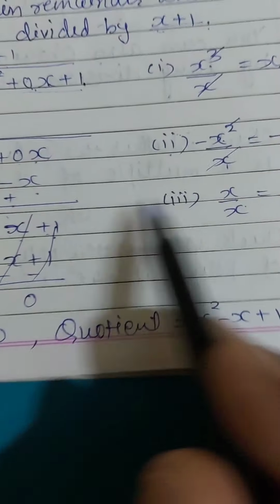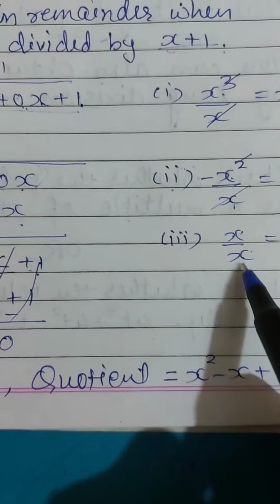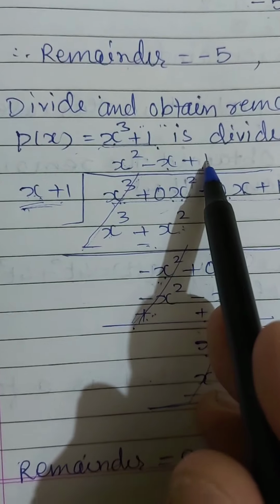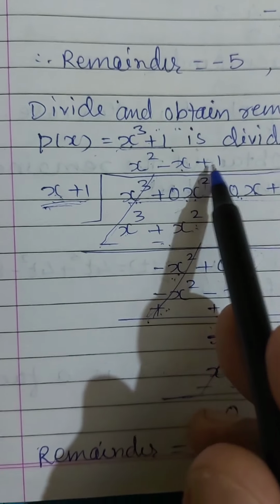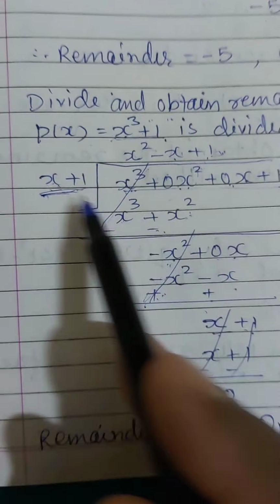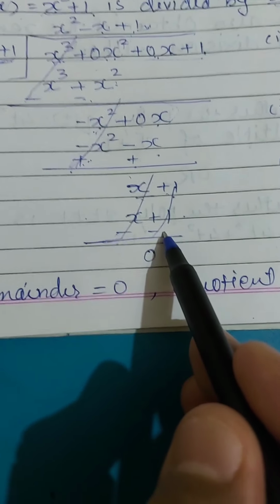Again, third step. First term x. Here also first term x. X and x when we are dividing, the answer is 1, that is plus 1. So we are putting plus 1 over here. Now multiply this divisor polynomial with 1. When we are multiplying with 1, the term is as it is, x plus 1. Keep this here. Change the signs. Minus x minus 1.